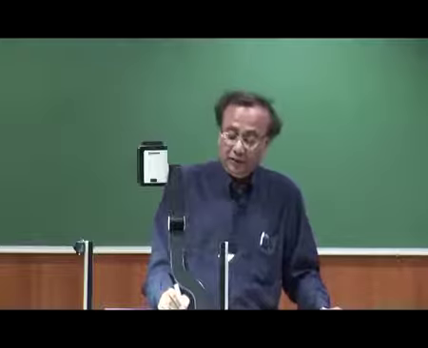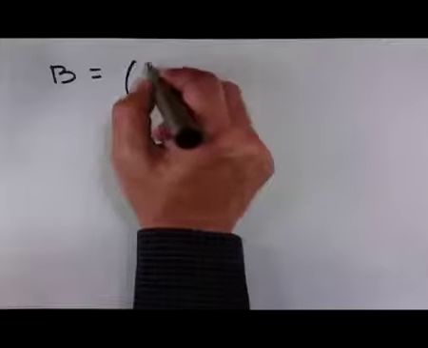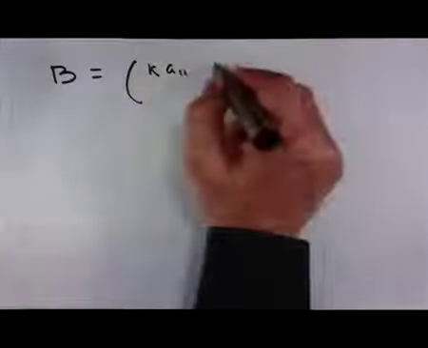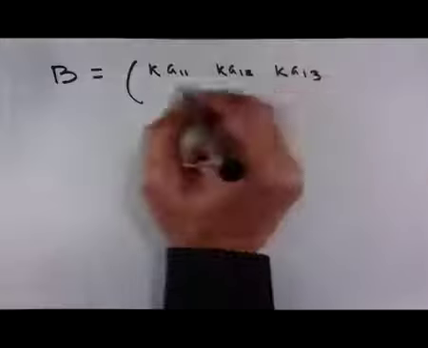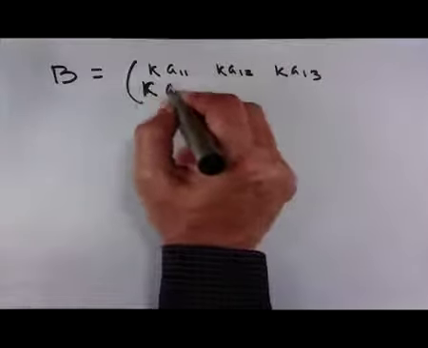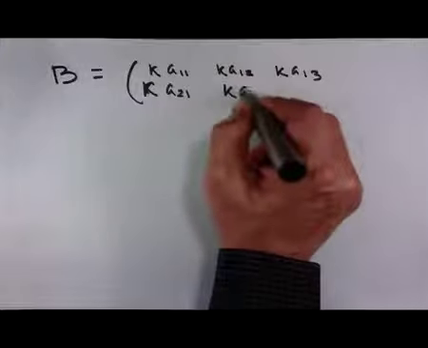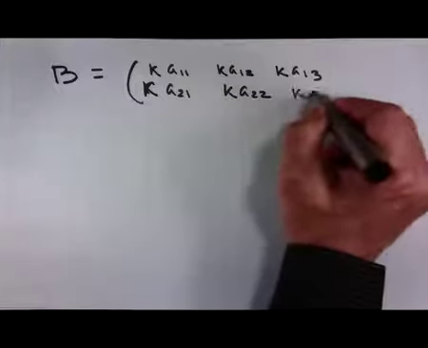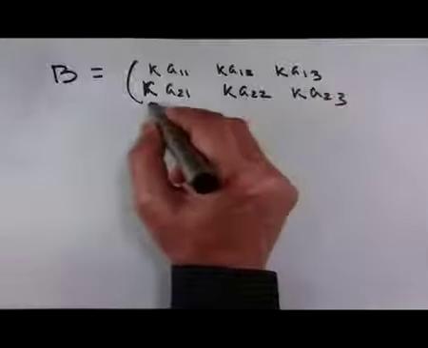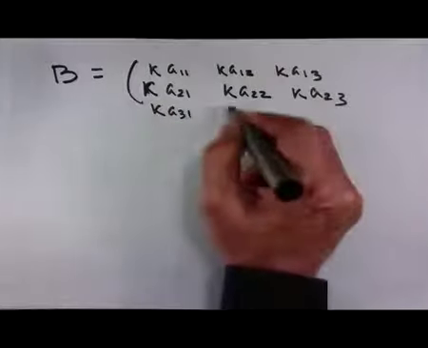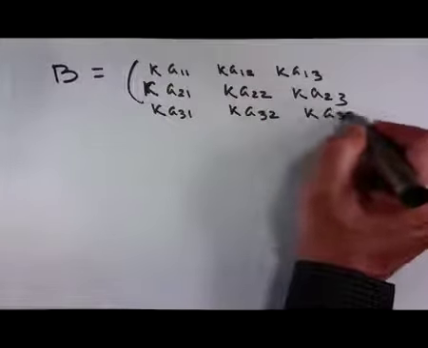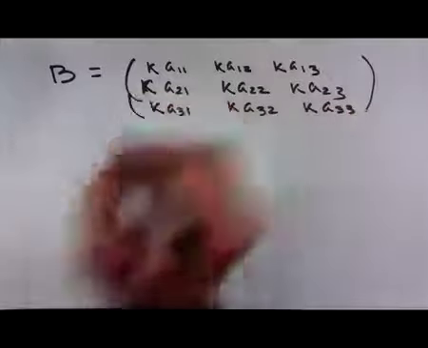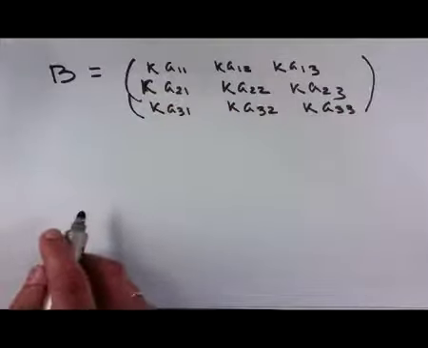Or in other words, what is the determinant of B, which is equal to K A11, K A12, K A13, K A21, K A22, K A23, K A31, K A32, K A33? What is going to be the determinant of this matrix?